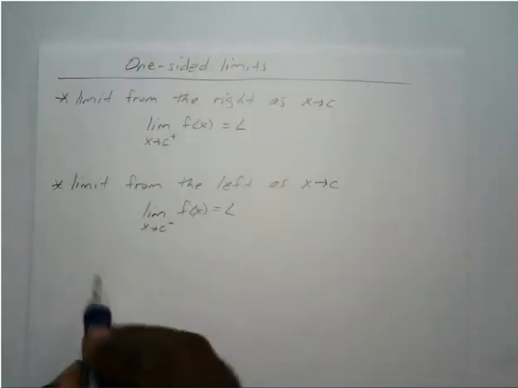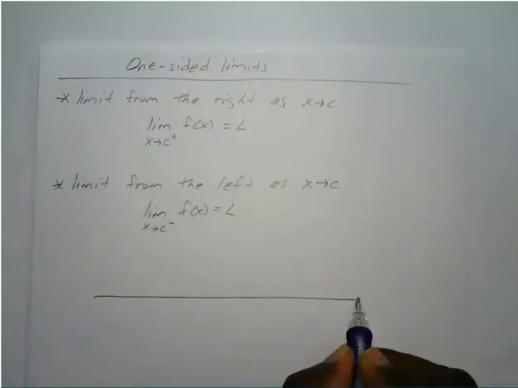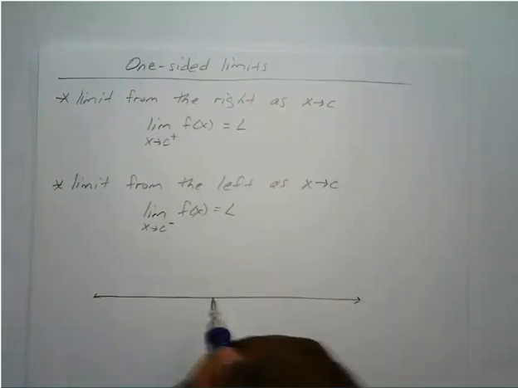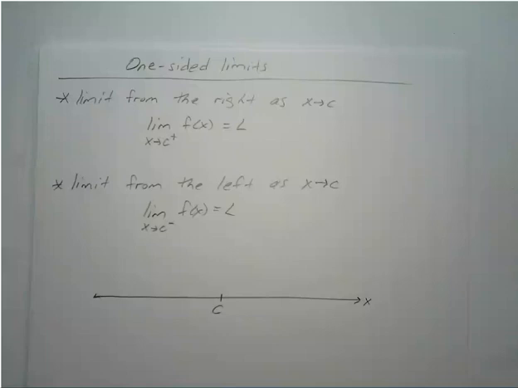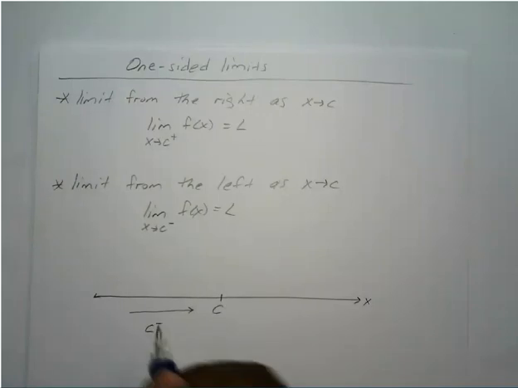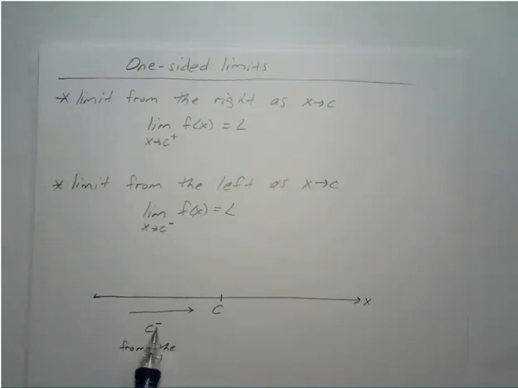Alright, so if we looked at a number line, just to give you a visual. This is your x-axis and you're approaching some value c. If you're approaching from the left, that would be your c with the little minus sign up there.